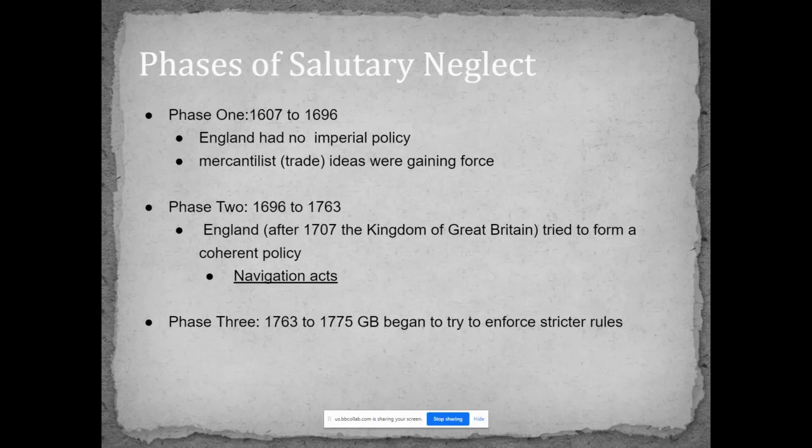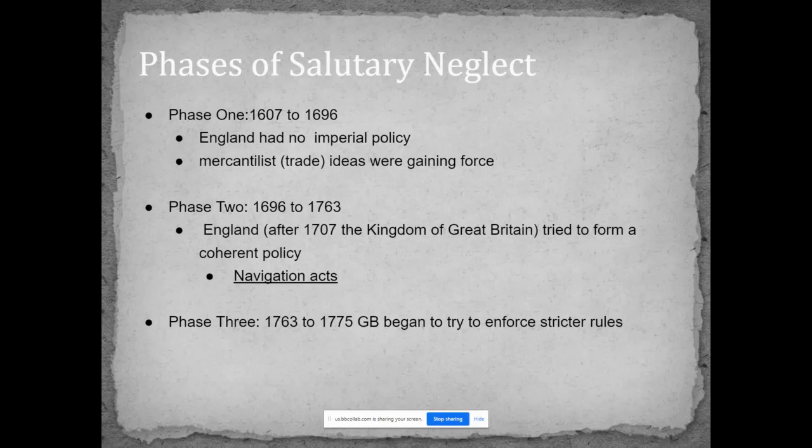Now, keep in mind, for the most part, these laws are not going to be enforced, the Navigation Acts, as well as the Trade Acts, which were under the same line as the Navigation Acts, an attempt to enforce mercantilism.